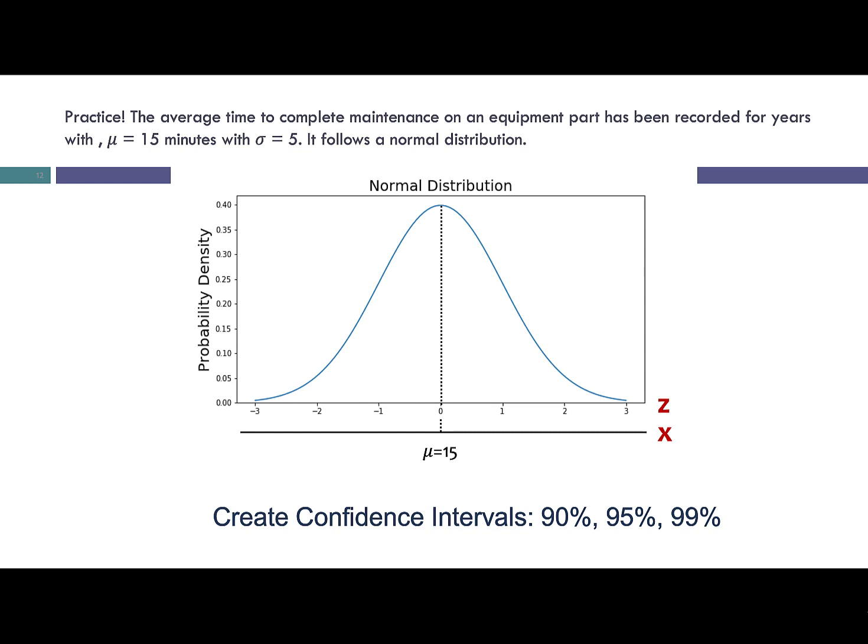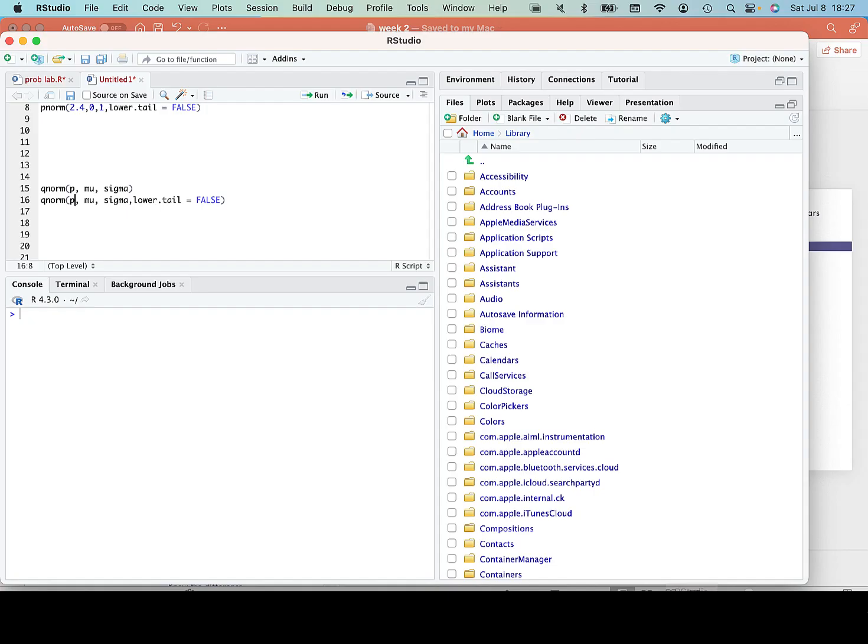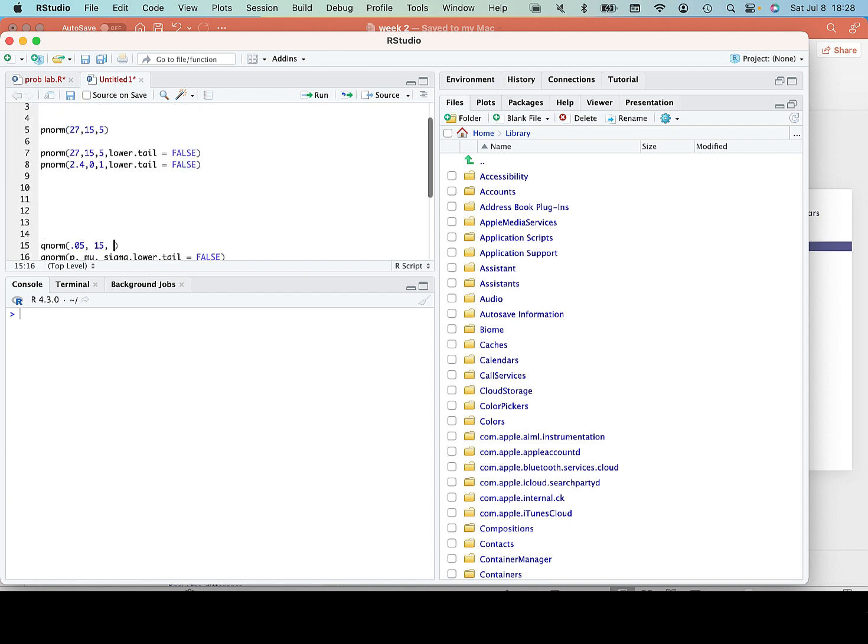The next thing we're asked to do is to create confidence intervals. We're going to use R to create these 90%, 95%, and 99% confidence intervals. We can use the Q normal function to create our upper and lower bounds. For a 90% confidence interval, there's about 5% left over on either side, so we're going to put 0.05 here, our average of 15, and our sigma of 5.